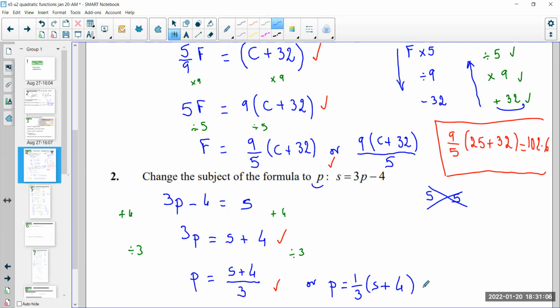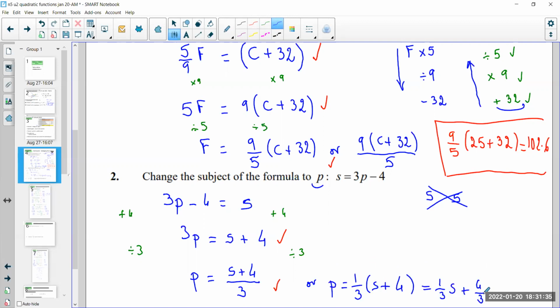Or some people even give it as a third of S plus 4 over 3. Again, this is doing more work. That is not giving me any more marks, but you're allowed to write it as a third of S plus a third times 4, which is 4 over 3, or 4/3. Again, extra work, extra chance to make a mistake.